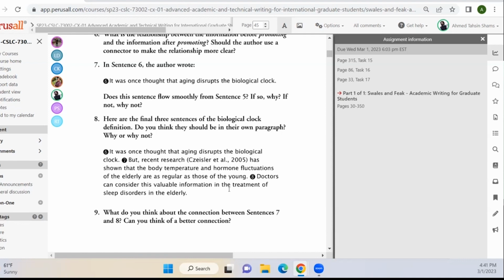Just skim through the other sections to understand the theme of this topic.